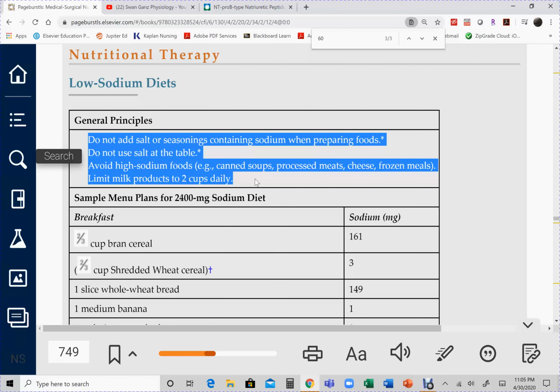So this will guide your judgment when you get questions on how you choose or teach a patient on what food choices to select. So basically, do not use salt, okay? Because some foods are naturally salty, especially milk and dairy products already have a considerable amount of salt in them.